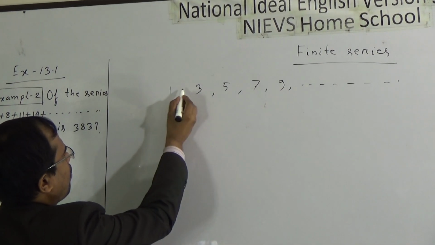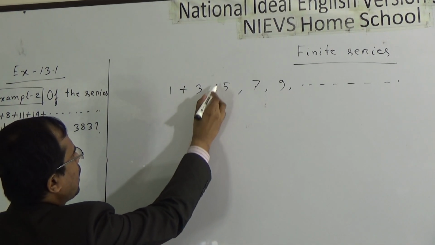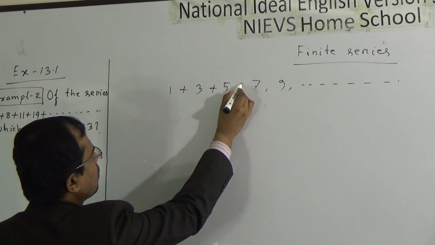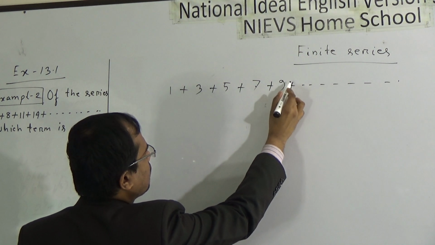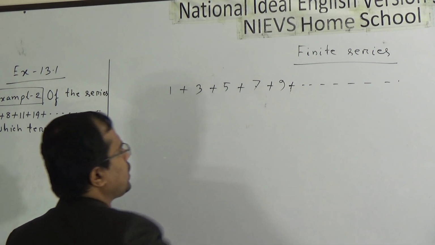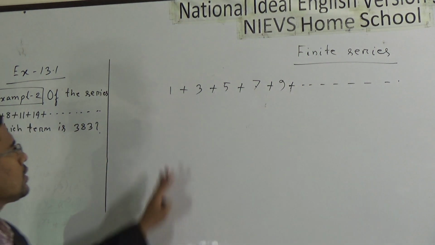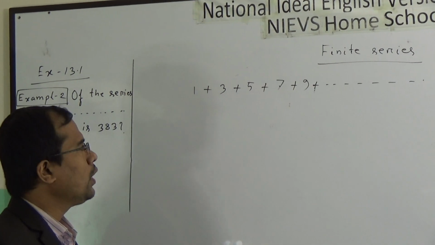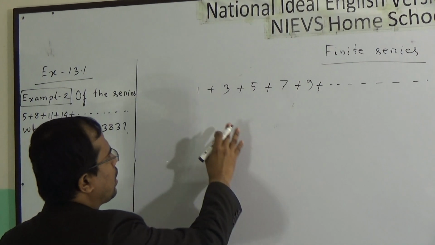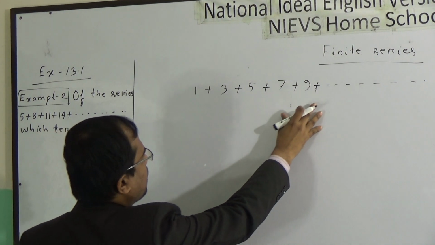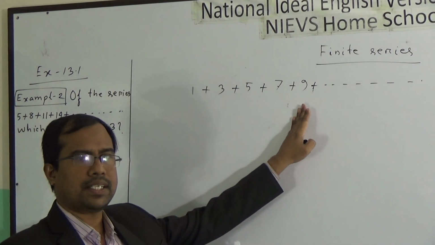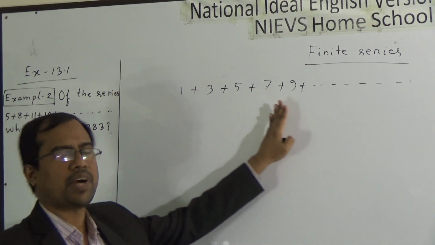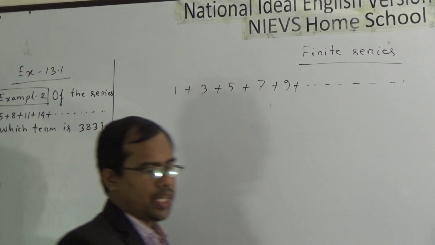Instead of comma, if we give a plus sign here, then this sequence is converted into a series. Dear students, here the number of terms is unlimited. In this case, we can say that this is an infinite series.